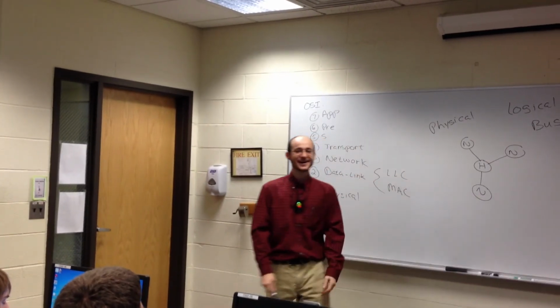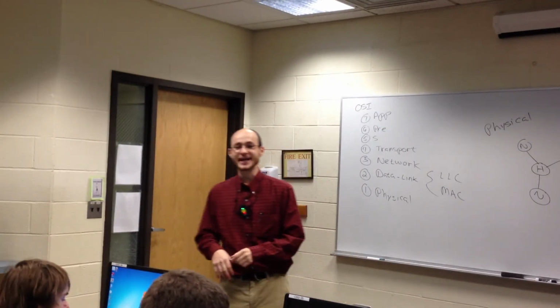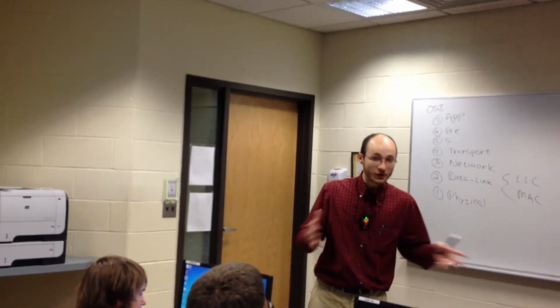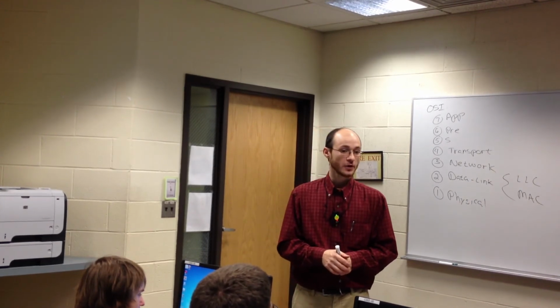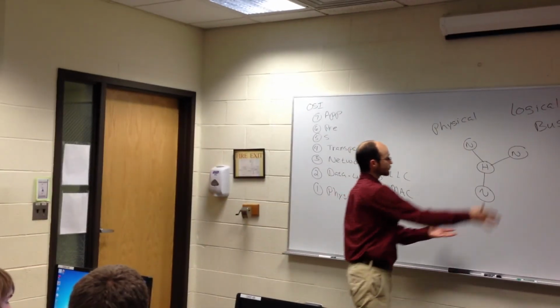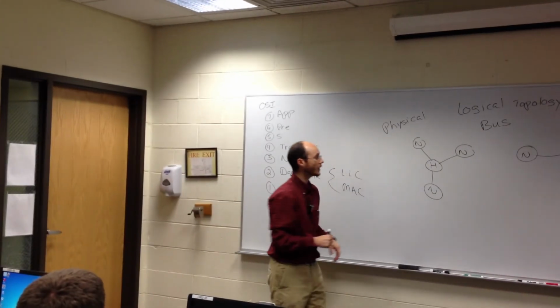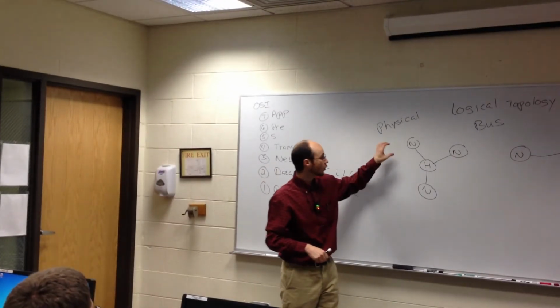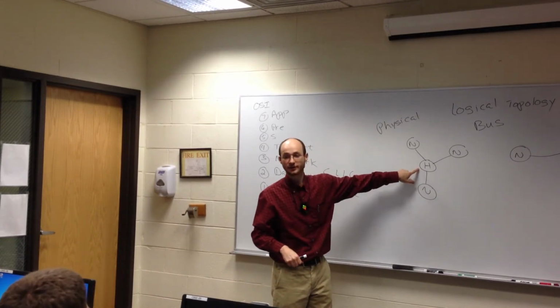All right, so a physical topology is actually going to tell you how to configure them together. It's going to give you the actual arrangement of the devices. Now, I took a shortcut. I drew it out using a sort of hybrid approach because I didn't tell you where this hub is going to be located.